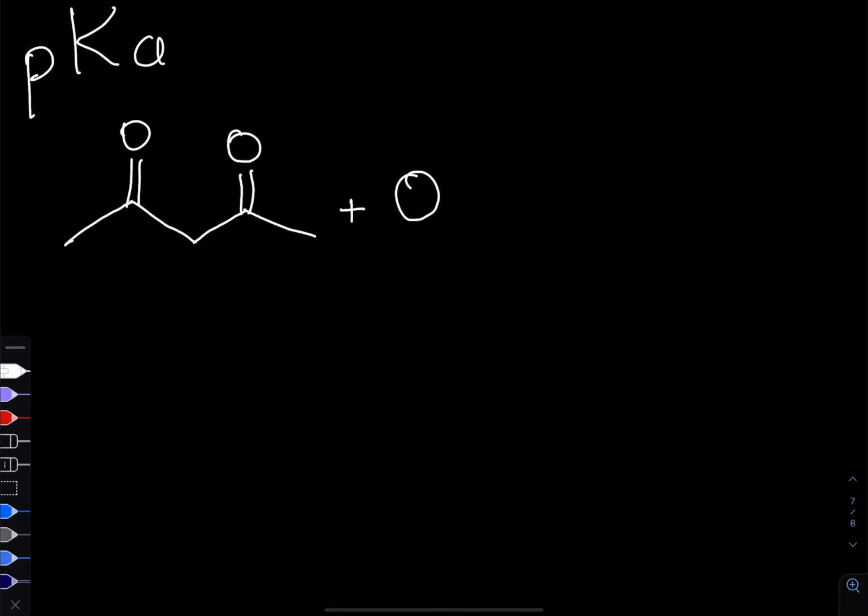Let's say we are given a problem where we are doing an acid-base reaction, and we're doing it with a molecule that looks like this, and we're doing it also with hydroxide. Hydroxide has a negative charge.